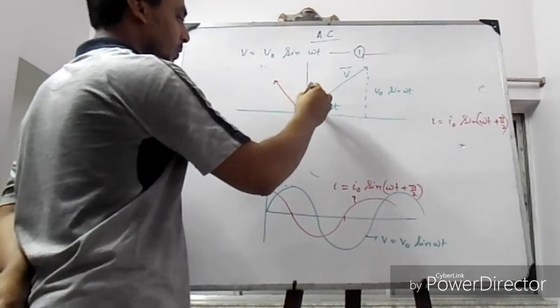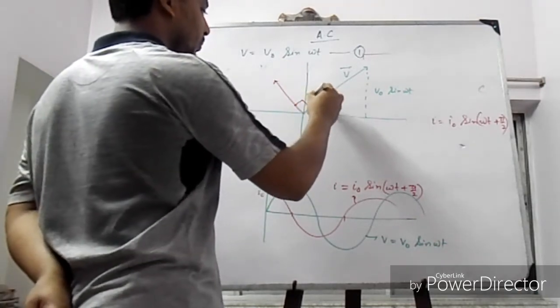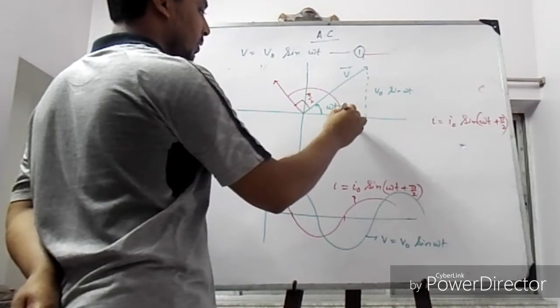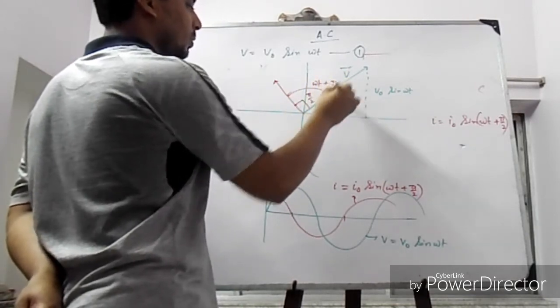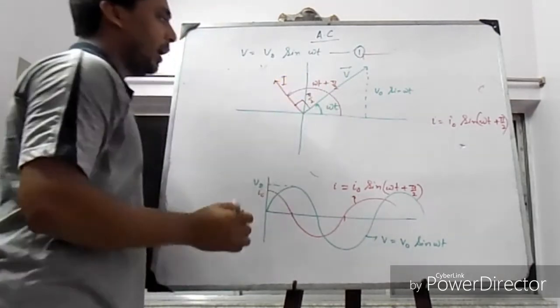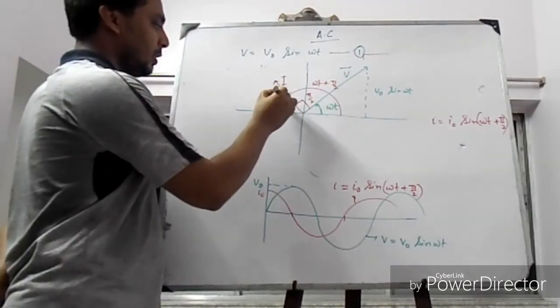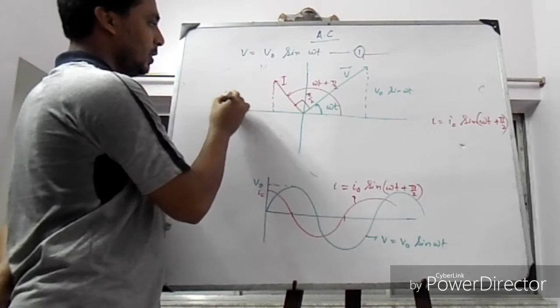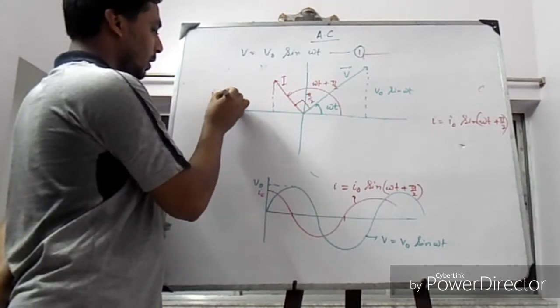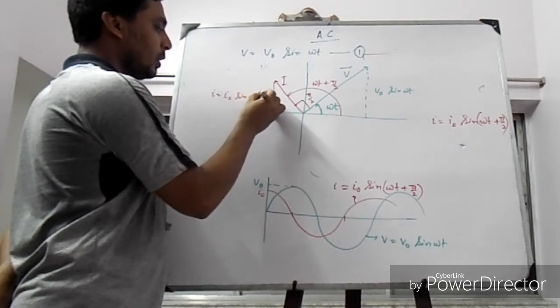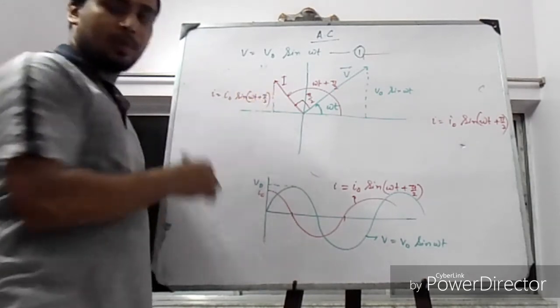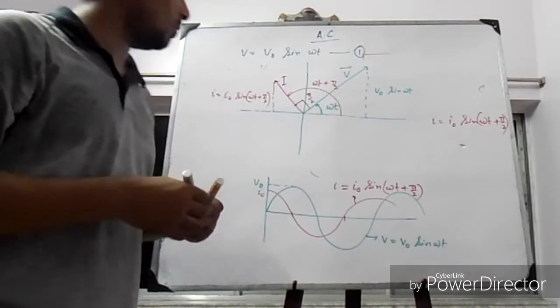So this angle is pi by 2, and the whole angle is given by omega t plus pi by 2. And this is the phasor for I, that is I equal to I0 sine omega t plus pi by 2.